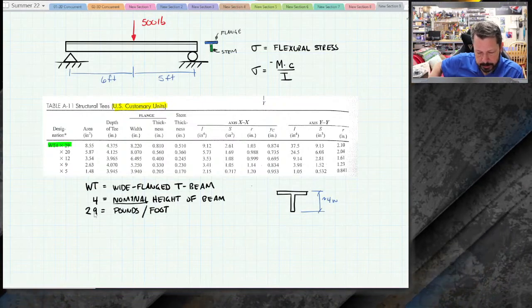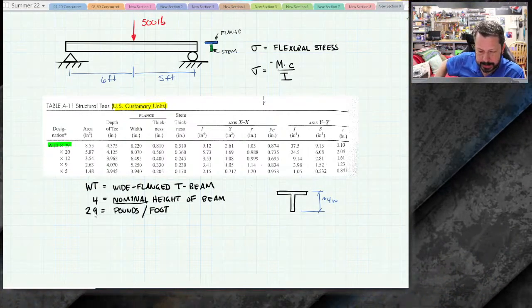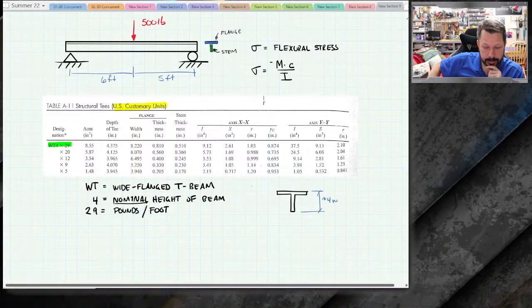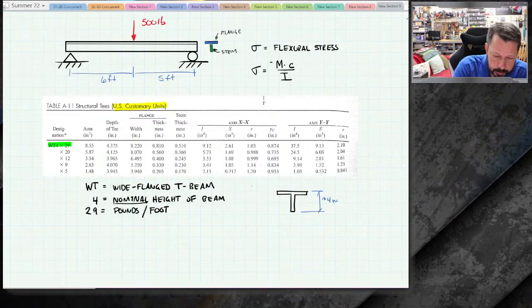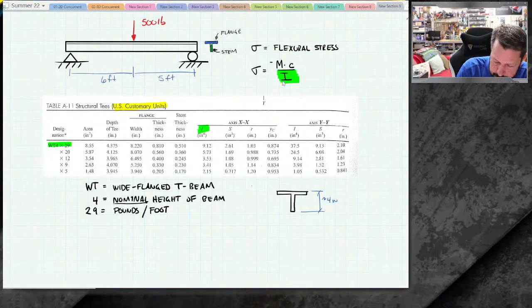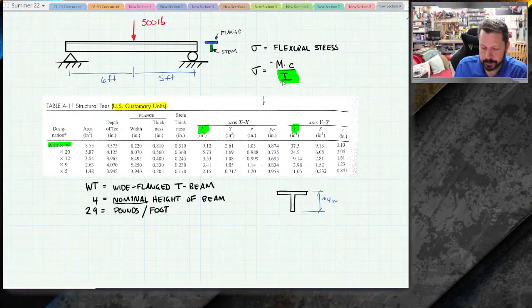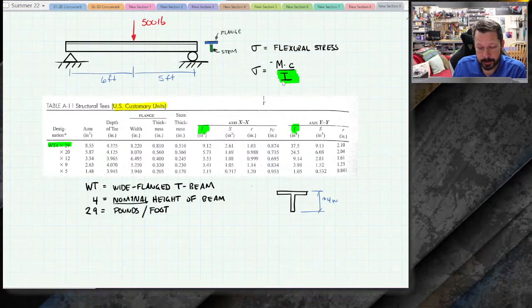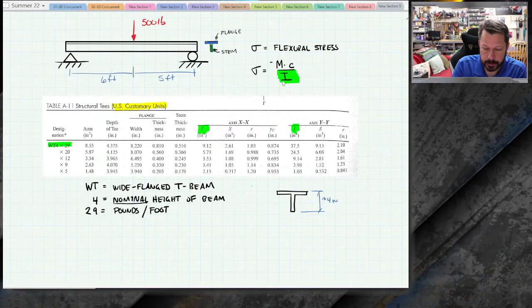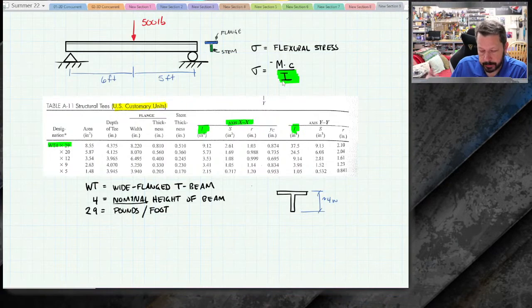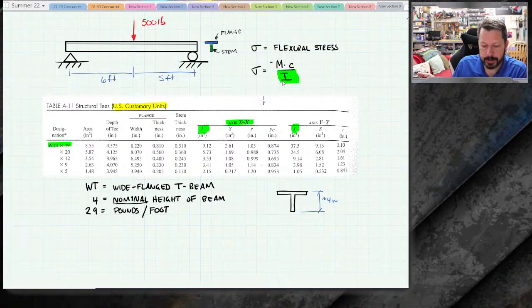And then I've got all these dimensions over here. Don't worry with the axis XX, YY stuff yet, except that that's where we're going to get I. There are actually 2 I's on this chart. For the time being, just know that we're going to use XX, the one under the XX column. Eventually, we'll talk about why you might want to use the YY.